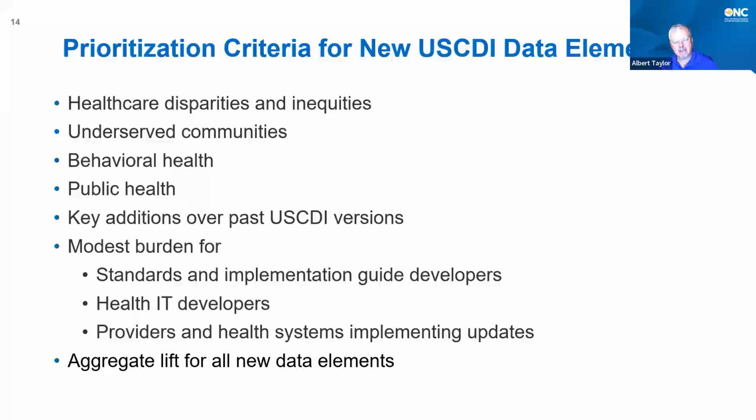They need additional testing. And those are ones that are not immediately considered for addition to USCDI, but with additional work, piloting, testing, implementation guide development, they could be considered for future versions of USCDI. Once we go through that whole filter of leveling these out for maturity and readiness, we still have many more data elements than we can add to any new version.